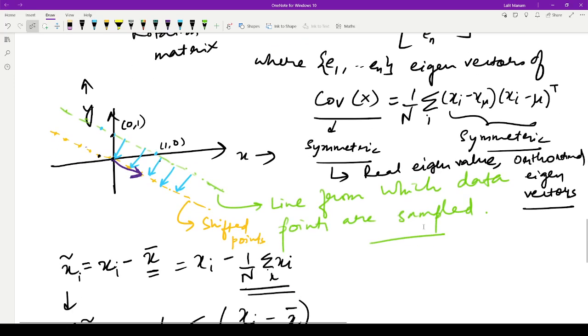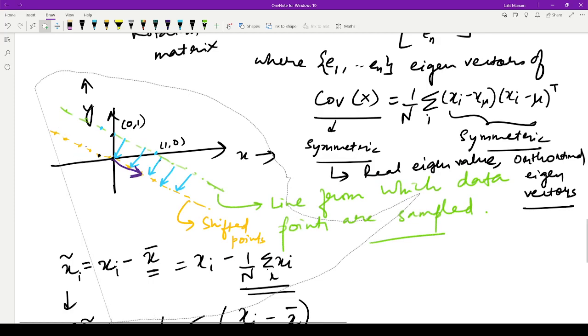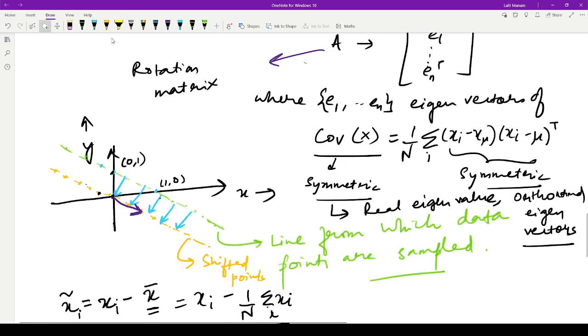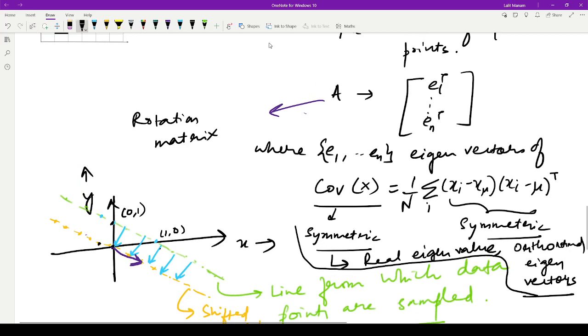This result is coming from linear algebra. Is this fine? This specific result: symmetric matrices have real eigenvalues and orthogonal eigenvectors. And what is this?